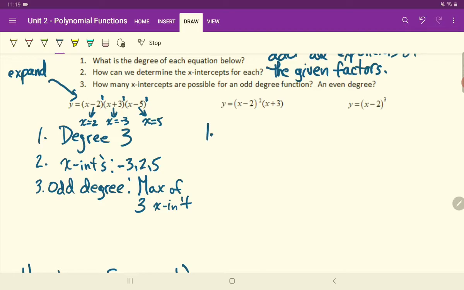So number one, what is the degree of the equation? Well, remember, add the exponents of your factors, 2 and 1. So what is it? The degree is 3 again. Number 2, what are our x-intercepts? This time, how many x-intercepts do we have?